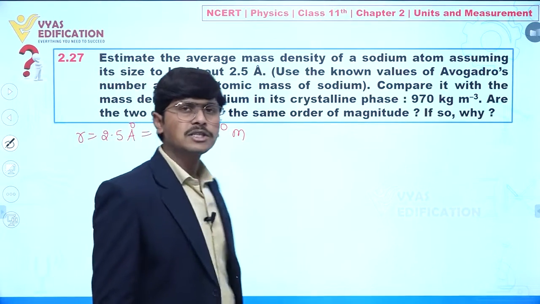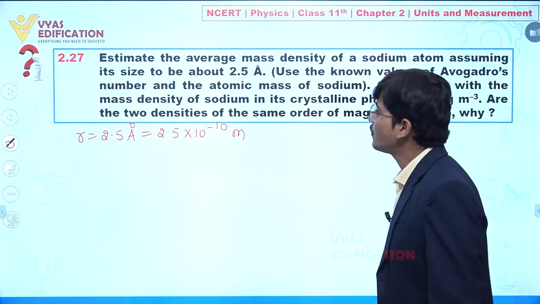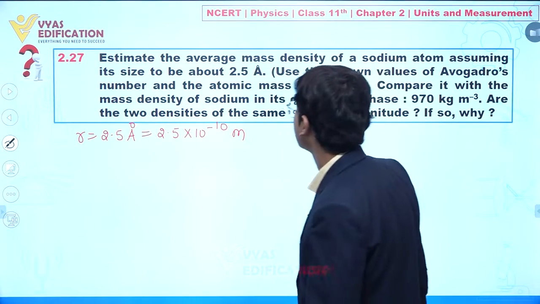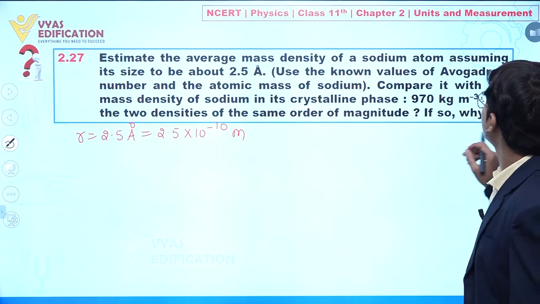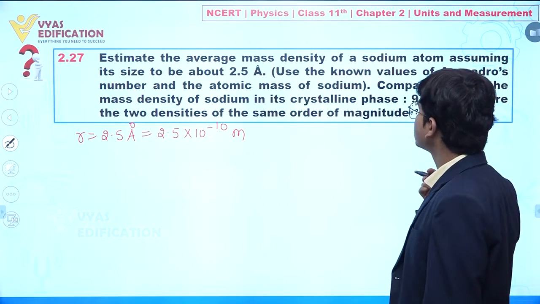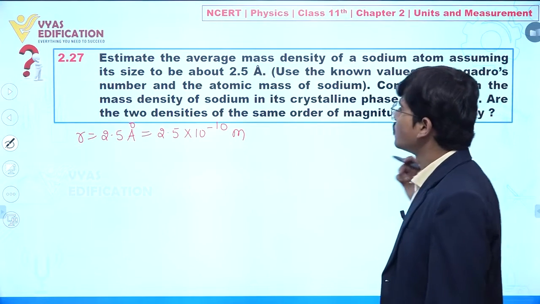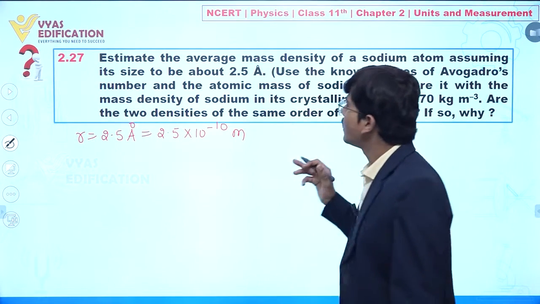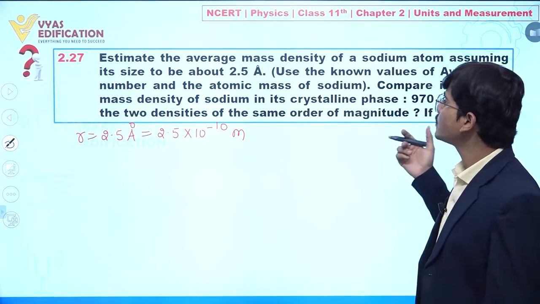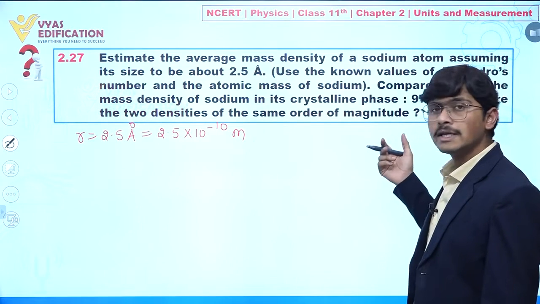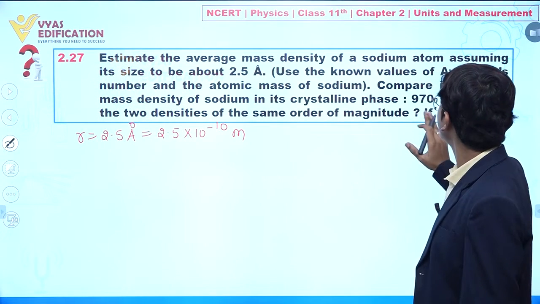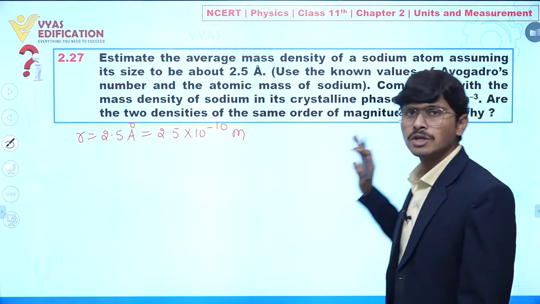Now use the known values of Avogadro number and atomic mass of sodium. So first we have to find the mass density of sodium atom.